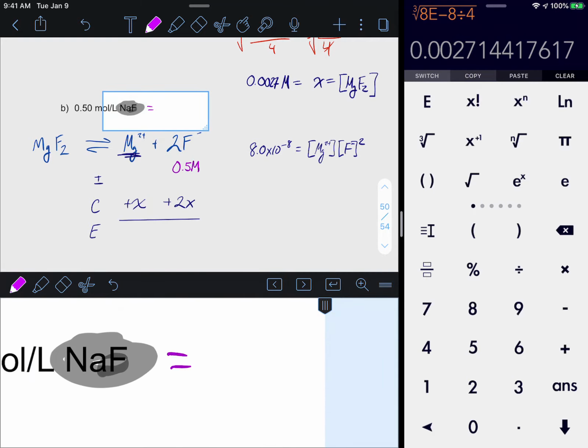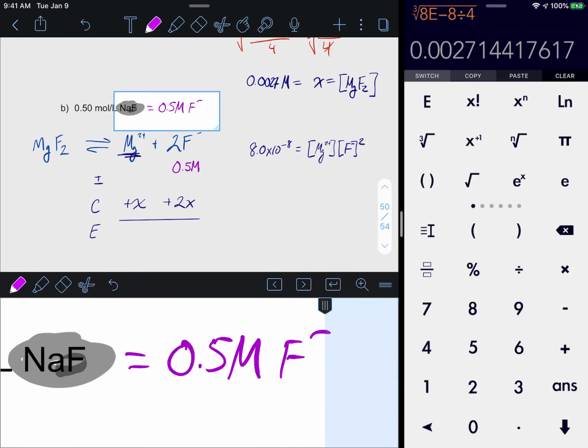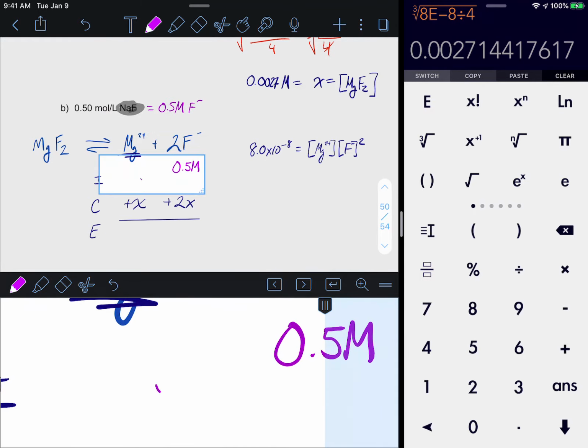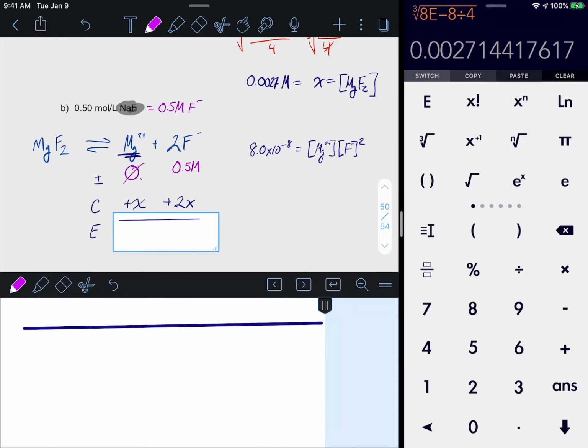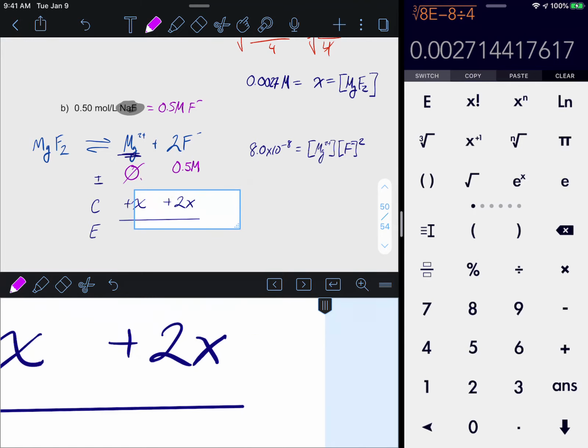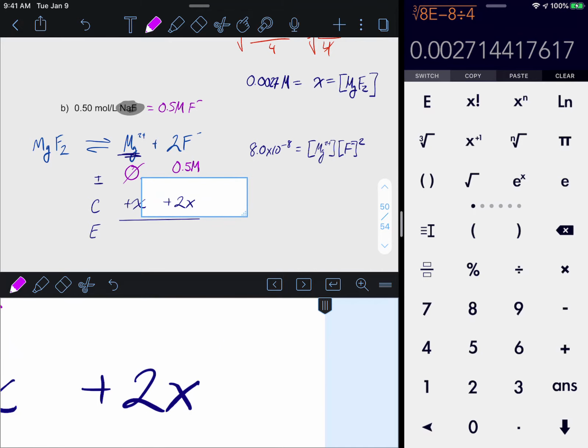And so this is equal to 0.5 molar fluorine minus. Still not starting with any magnesium. Now, this is the important part. We're dealing with very insoluble compounds. So that means that this value here, compared to the 0.5, is essentially 0.